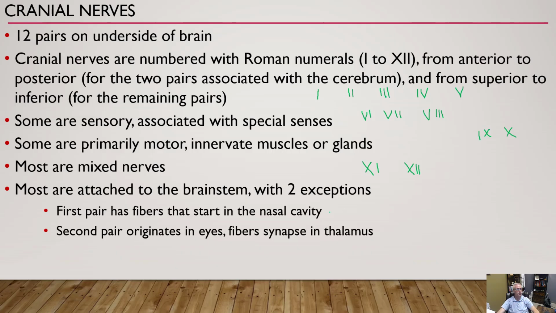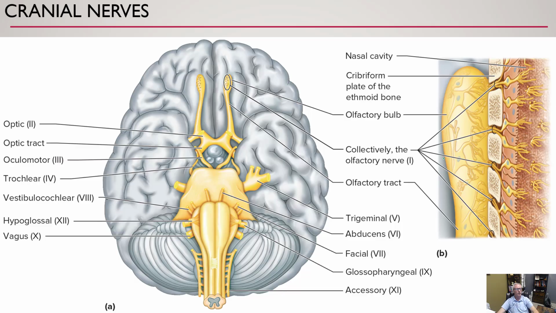Most are going to be attached to the brainstem, with the exception of the first 2 pairs of cranial nerves. Your olfactory nerve is the first cranial nerve, and that's going to start in the nasal cavity. Your optic nerve, cranial nerve number 2, originates in the eyes. But the rest are going to be attached to the brainstem.